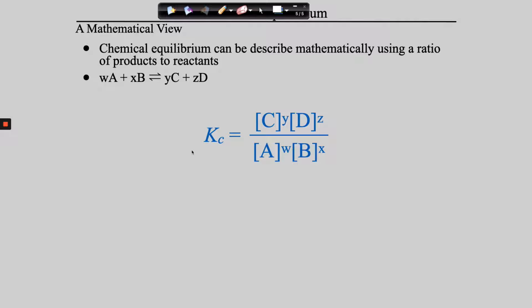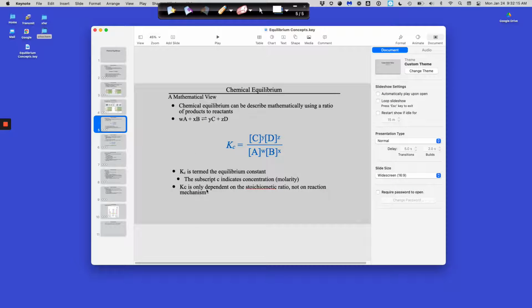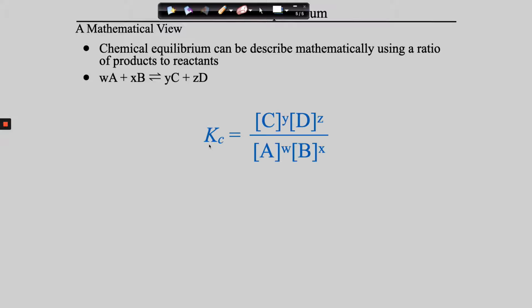So is it a surprise then that that would be the Kc value for this? Is that okay?